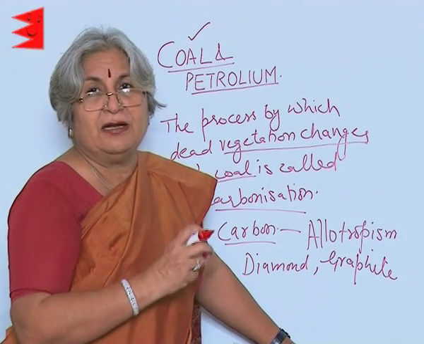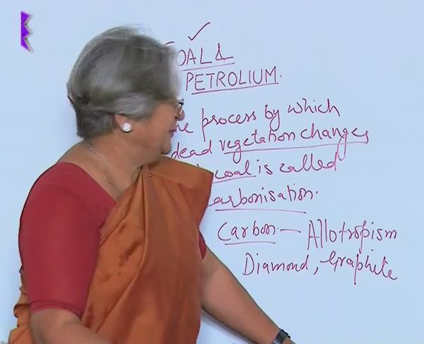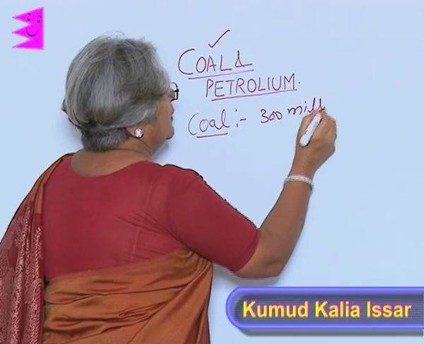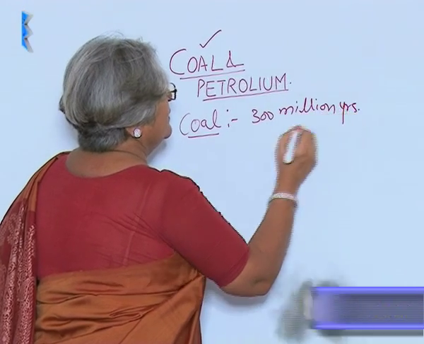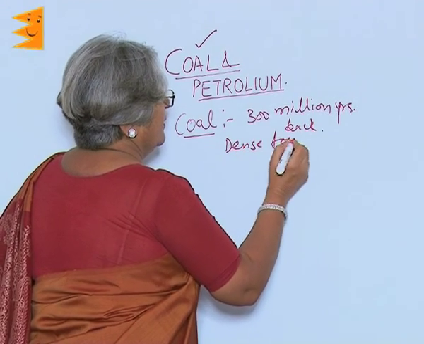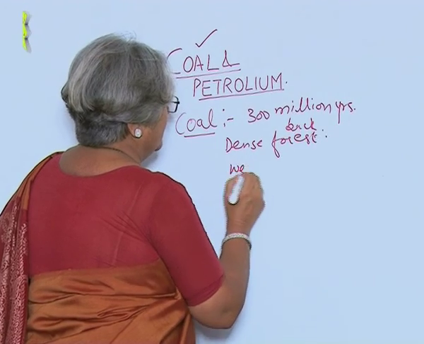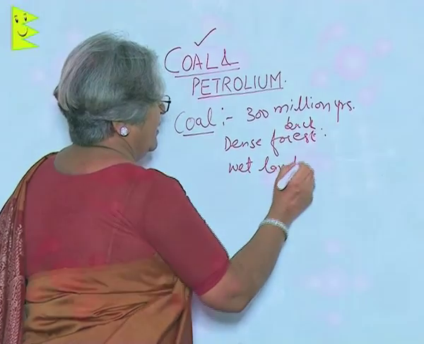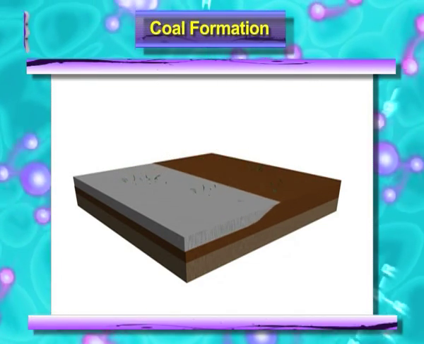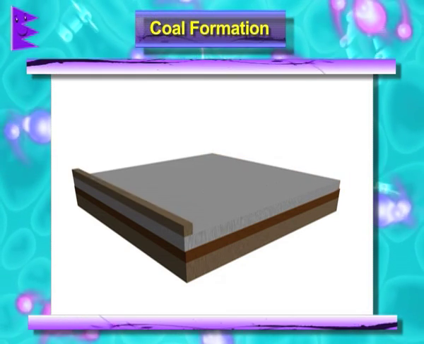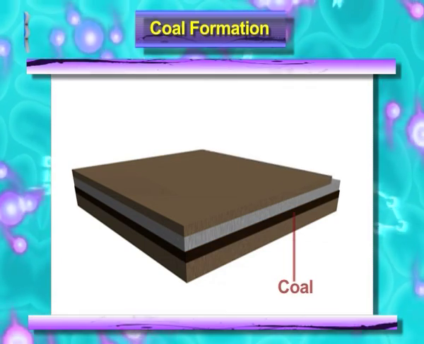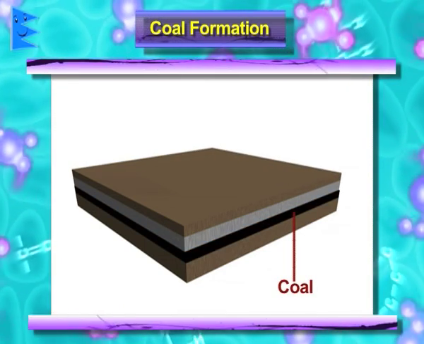Now we will first of all study about coal. About 300 million years ago, the earth was covered with dense forests in the wet lands, and as these forests died, they got buried, and due to high temperature and pressure, vegetation was compressed and changed into coal.